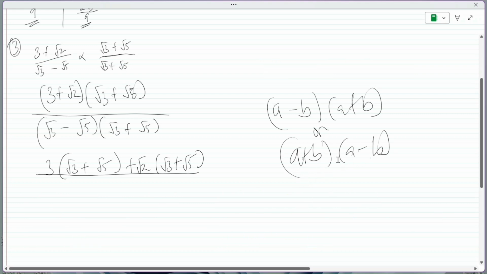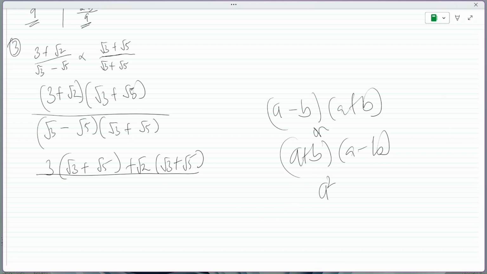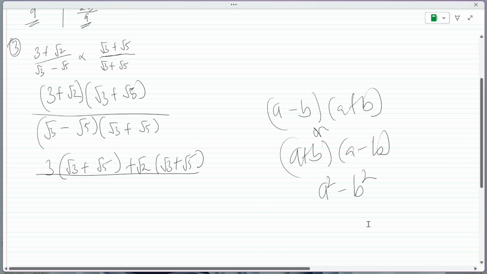This is a, this is a, and this is b, this is b. Same applies to this. This is root 3, this is root 3, this is root 5, this is root 5. One has a negative, one has a positive. And when it's in this case, if you are told to expand, the result is always a square minus b square.